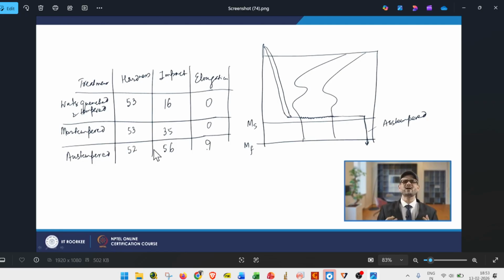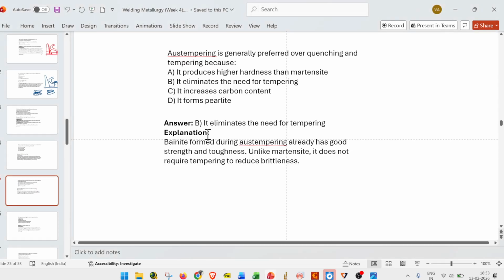But if I do austempering, because of the bainitic formation, strength and elongation properties increase much more compared to martempering and quenching. So that's why it is always preferred. So it produces higher hardness than the martensitic phase.